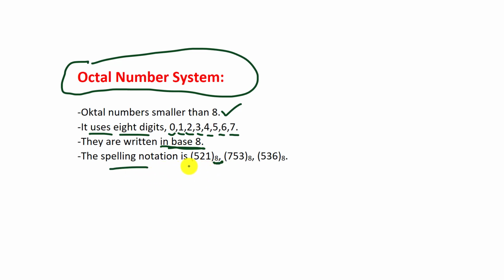The important thing for this number system is that the numbers must be smaller than 8. For example, this notation is true, but this one is false because there is a number 8 in parentheses. This is not an octal number.